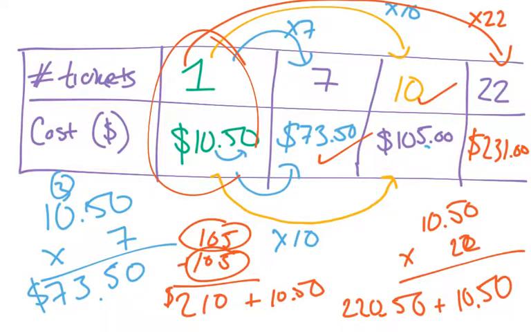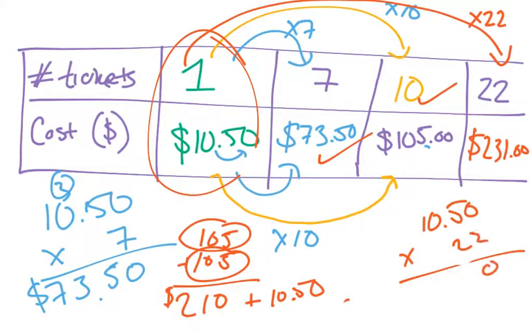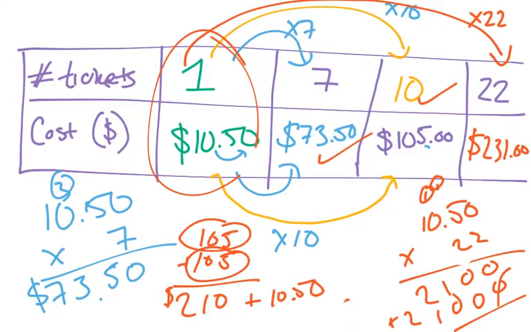If you're okay with multiplying, you could have just multiplied it and said, well, that would give you the exact same thing. Oops. Can't really do that one.